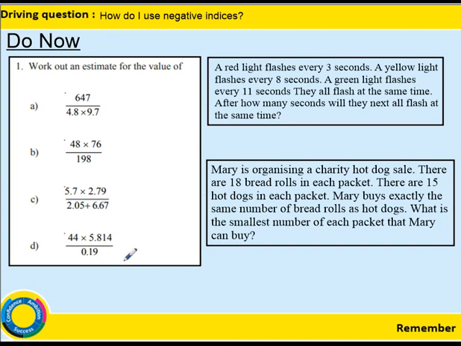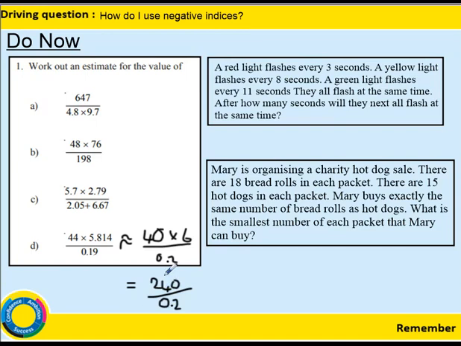Part D, 44 to one significant figure is 40, 5.8 to one significant figure is 6, 0.19 to one significant figure is 0.2, 4 times 6 is 24, add the zeros, 240 over 0.2.